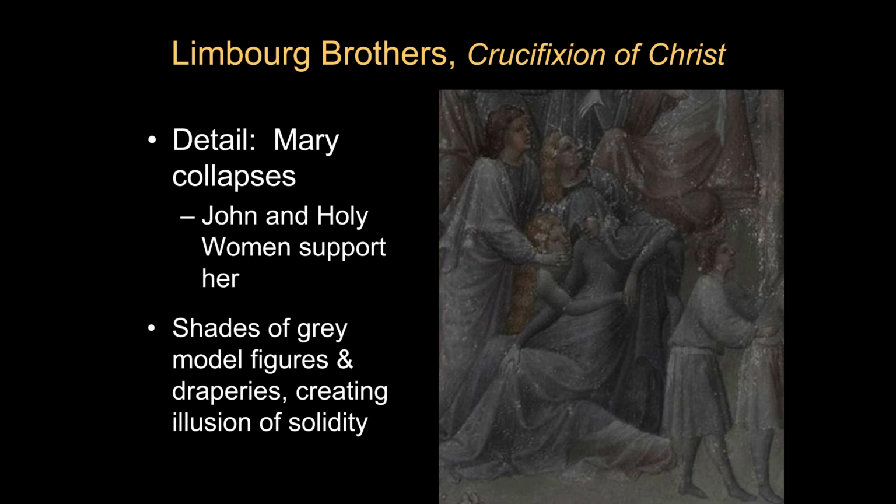And then down here in the corner, on Christ's right, would be our left, we see the holy women and St. John. Mary has collapsed. Essentially, there's two ways to show Mary at the foot of the cross. Sometimes she is shown as the Stabat Mater, the standing mother, firm and erect in her faith.